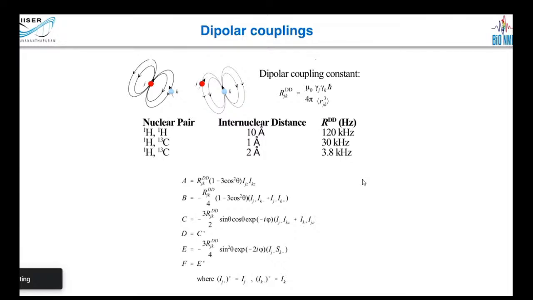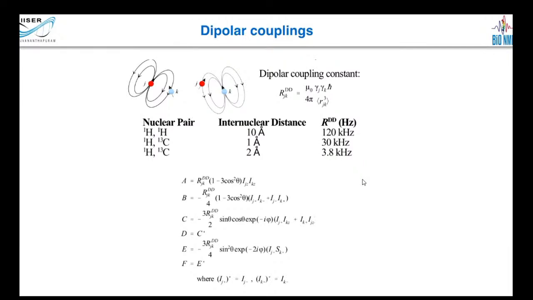So what we have to do is not worry about the sensitivity gained by measuring on a proton. Rather, we want to reduce the complexity of the spectra, because of the splitting it is already too broad. So we would like to measure at a lower gyromagnetic ratio.